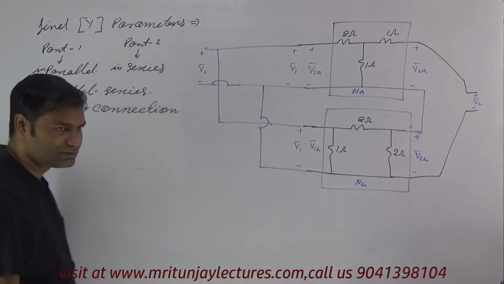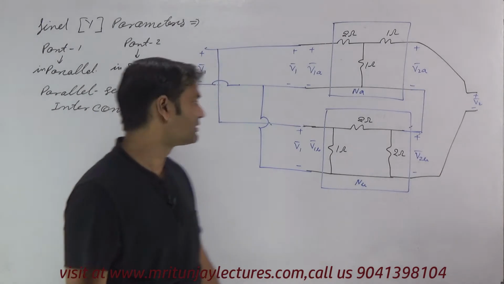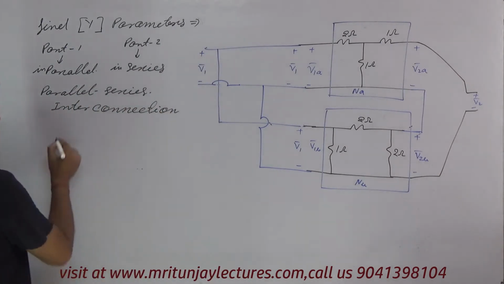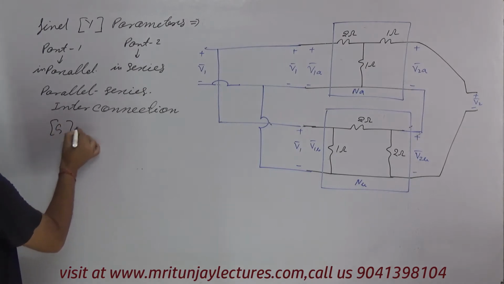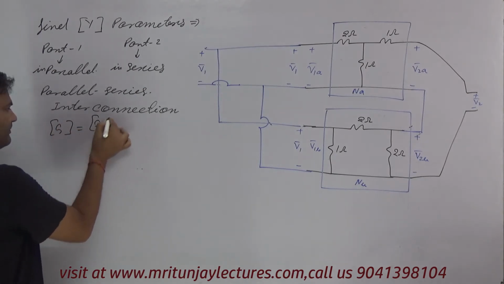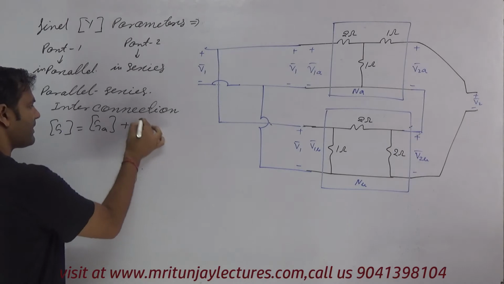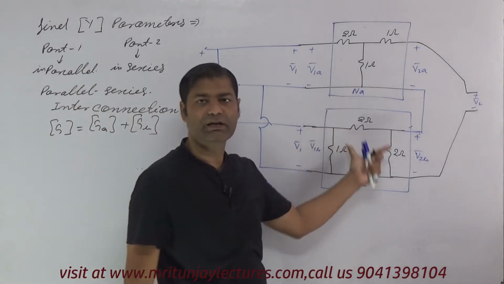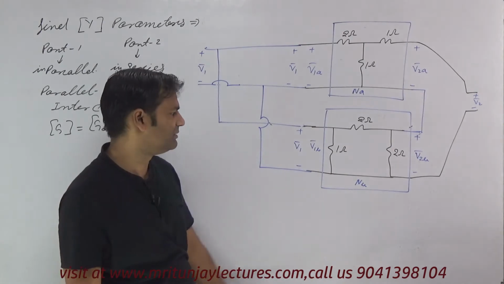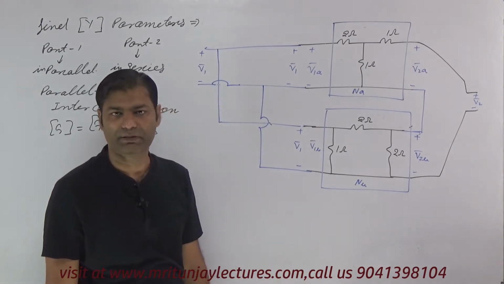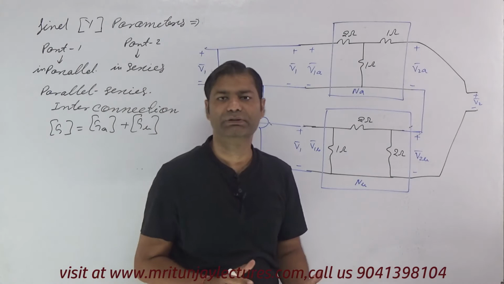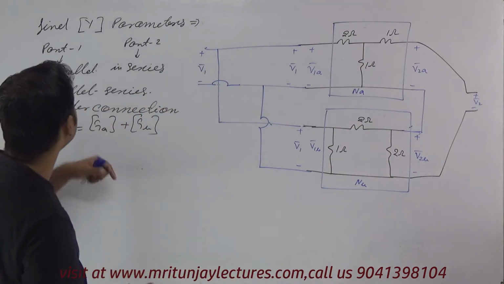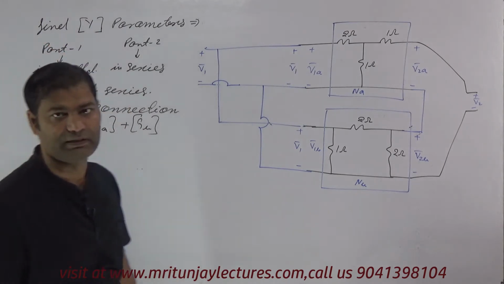Parallel-series interconnection means we determine G, that is G equals GA plus GB. So we determine the G parameter for this circuit, then determine GB for the other, and add both. After the G parameter, we convert it to the Y parameter.